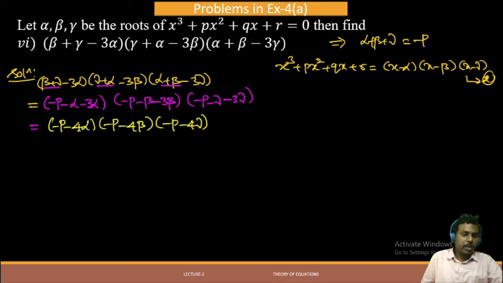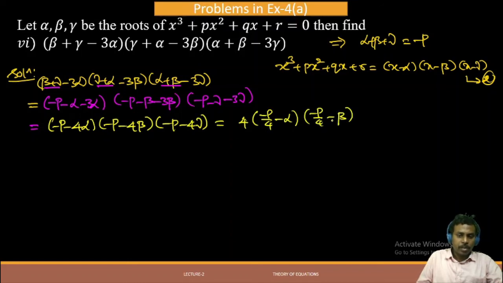So here this quantity needs to be changed. So that's why what I'll do is I take common 4. Then this becomes minus p by 4 minus alpha into minus p by 4 minus beta. Of course, here also I am taking 4, here also I am taking 4, 4 into minus p by 4 minus gamma.